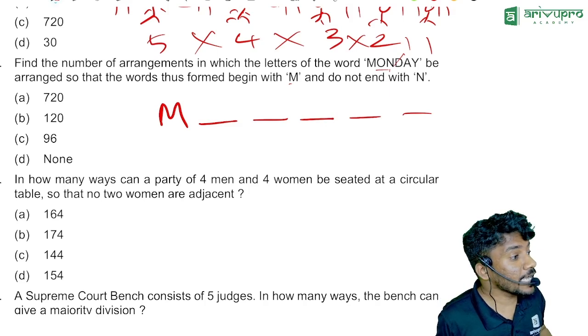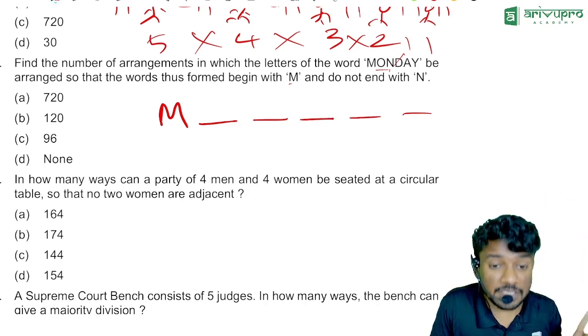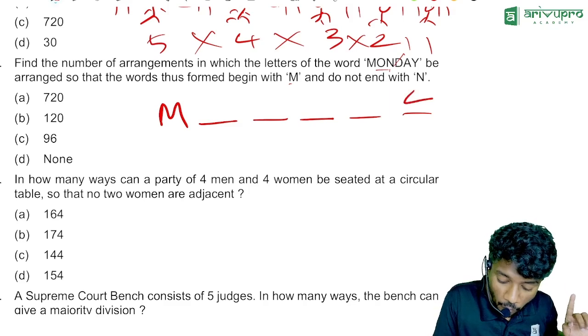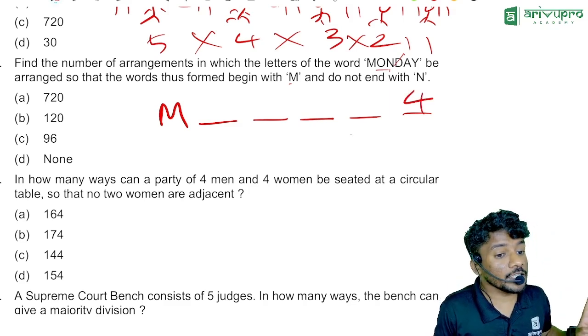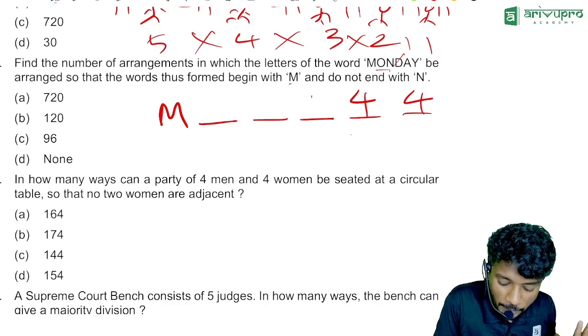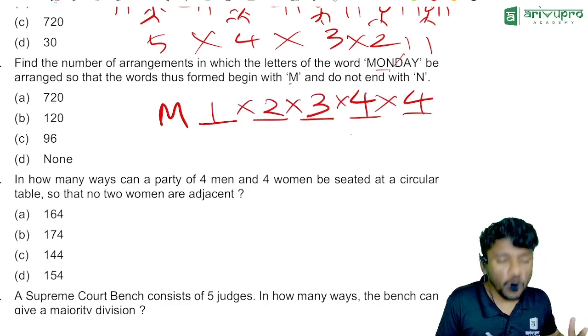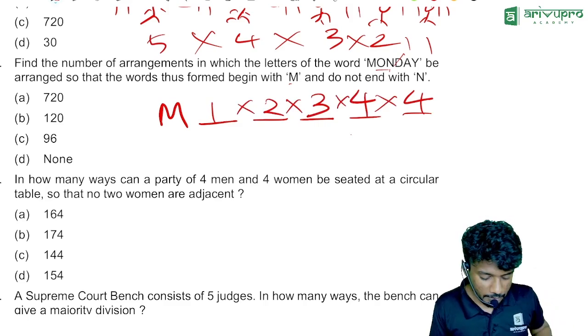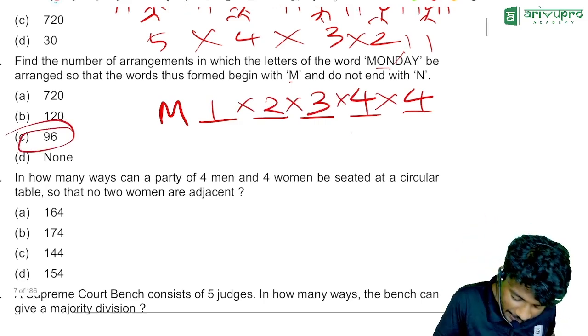And it should not end with N. So, how many people can sit in the last position? 4. Correct? Then, how many in the second last position? 4. Then 3, 2, 1. 1 into 2 into 3 into 4 into 4. How much is the answer? 96. Yes. Correct. Next question.